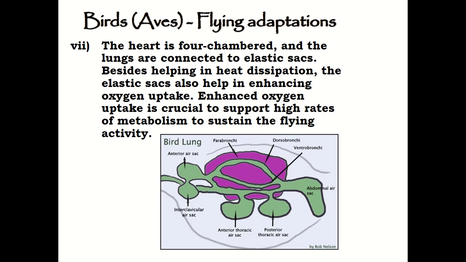The heart is also a four-chamber heart like humans, and the lungs are connected to elastic sacs. Besides helping in heat dissipation, the elastic sacs of the lungs also help in enhancing oxygen uptake, and the enhanced oxygen uptake is very crucial to support high rates of metabolism to sustain the flying activity of the birds.